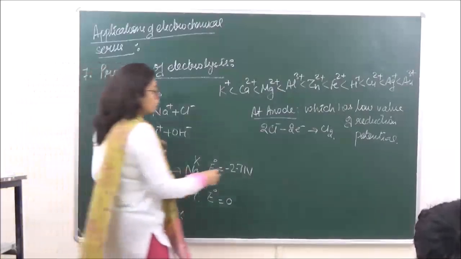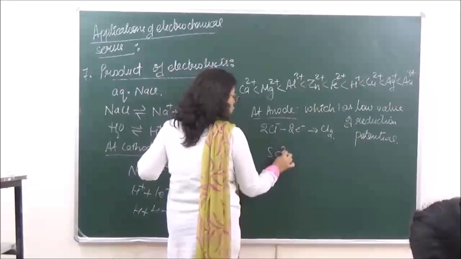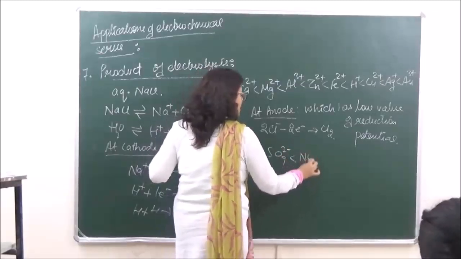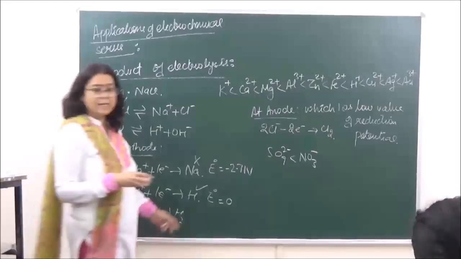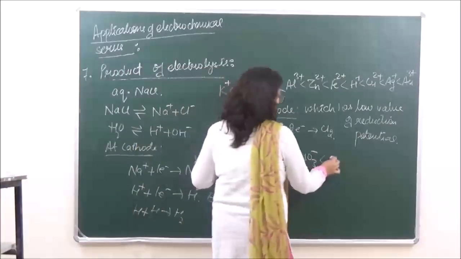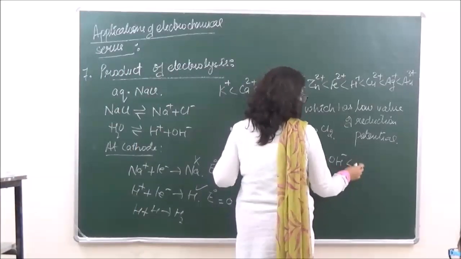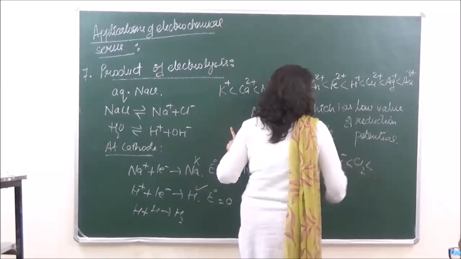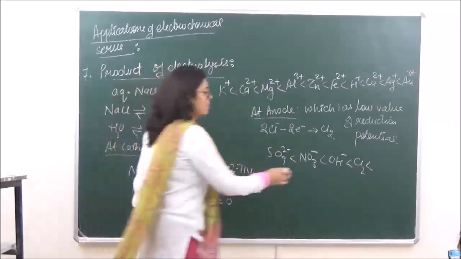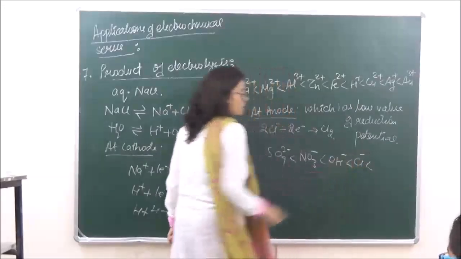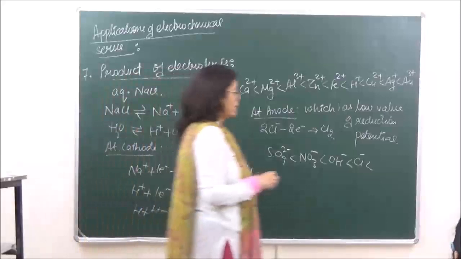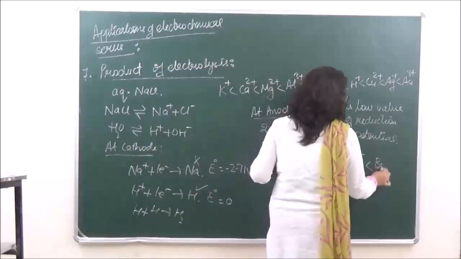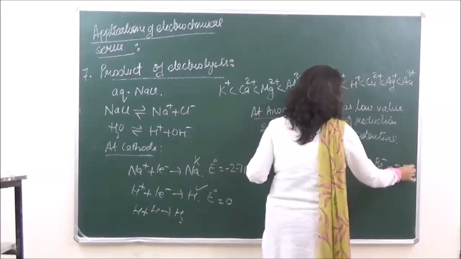So what is the order for this? We have SO4 2 negative, more than that is NO3 negative, more than that is OH negative, more than that is Cl negative, and greater than Cl negative are Br negative and I negative.